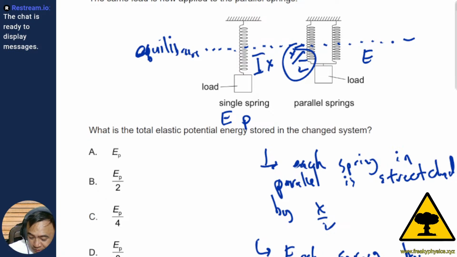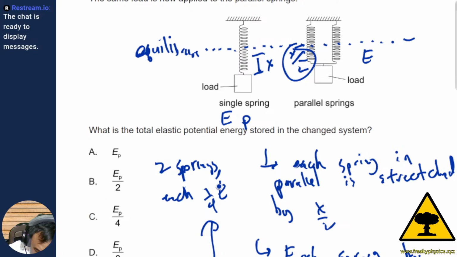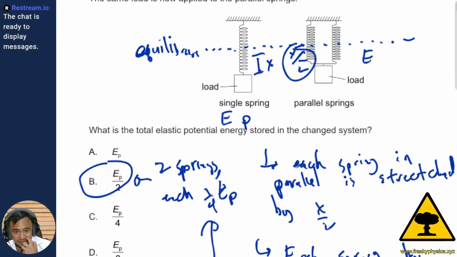That's each spring, but there are two springs. So two springs, each at 1/4 EP, gives us B. It's very simple, actually.